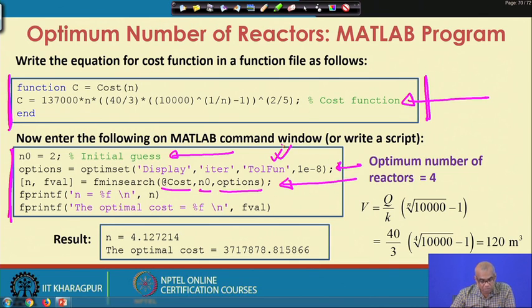So, if you run this program, you will get n equal to 4.12 as the minimum optimal value of n, and the optimal cost associated with n equal to 4.12 is 37 lakhs 17,000 something.